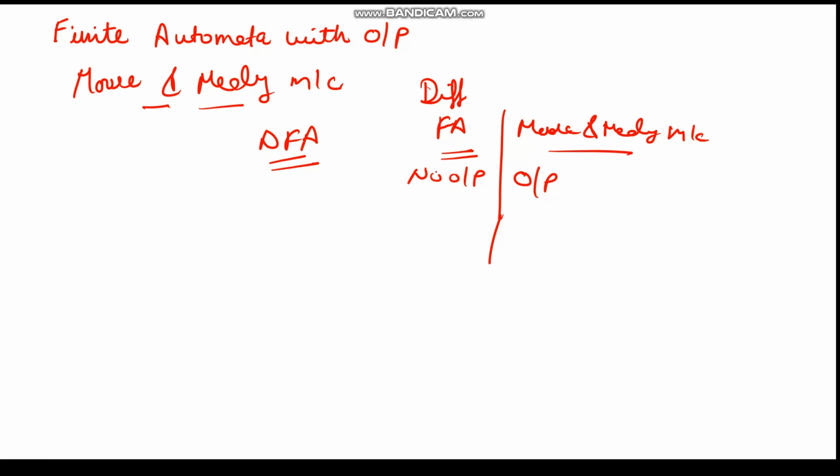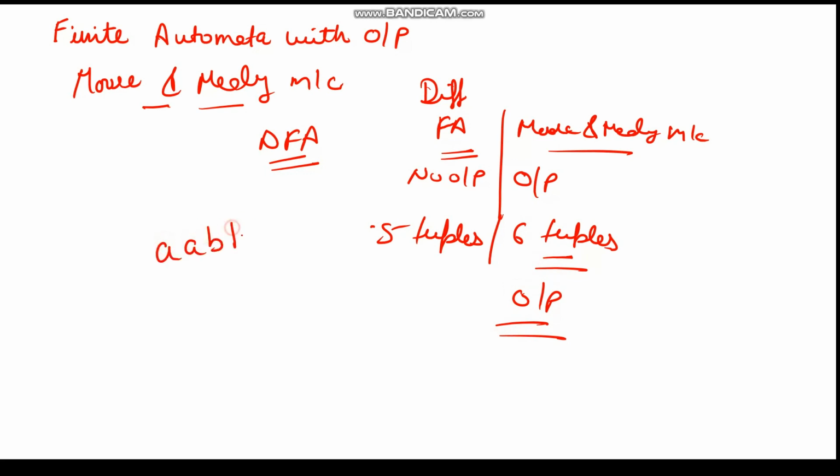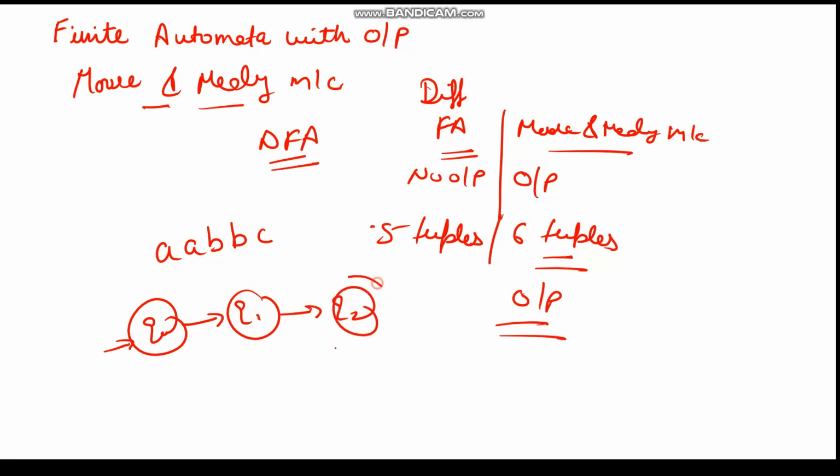Finite automata have 5 tuples in their definition, and Moore and Mealy machines have 6 tuples, in which the additional tuple is the output. Like we are talking about a string AABBC. In finite automata, starting with the initial state, we proceed to further states and reach the state Q2.